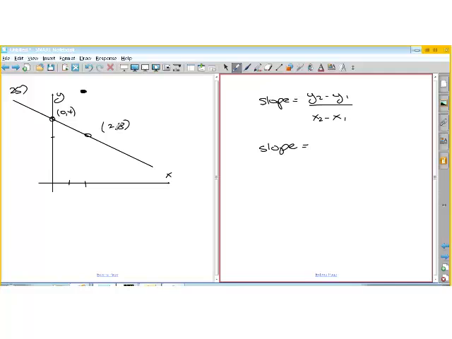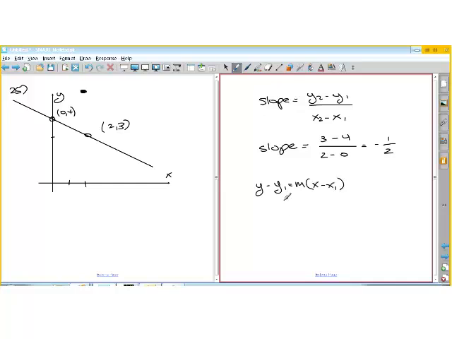Let's choose this as x2 and that as y2, so you get 3 minus 4 divided by 2 minus 0. So you get negative 1/2. So the slope's negative 1/2. And then you would use the point-slope form of the linear equation to get the equation for the line.